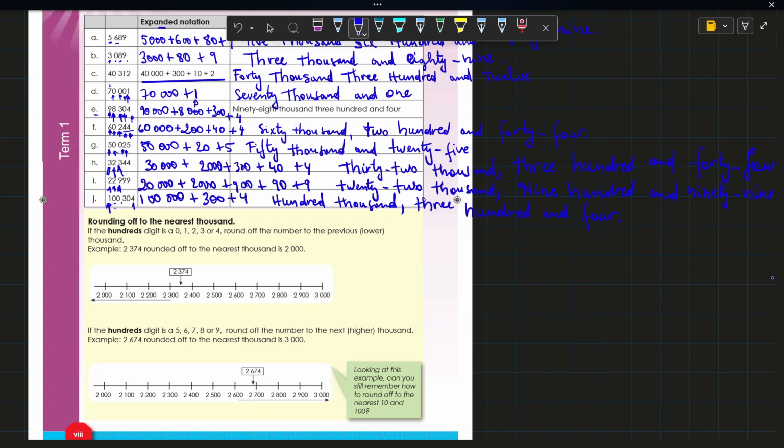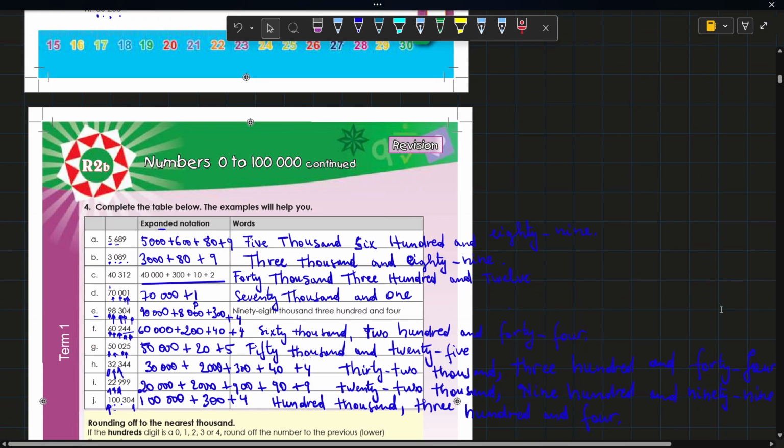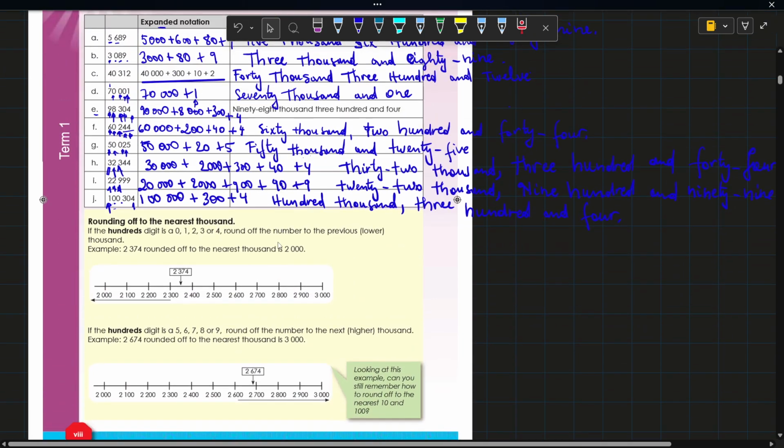With that being said, this is the end of our topic. So we started this topic. This was the last part. Numbers 0 to 100,000. But now, next time we'll continue to use the same concept so that we are able to round off. So we'll be able to start with rounding off to the nearest thousands next time.